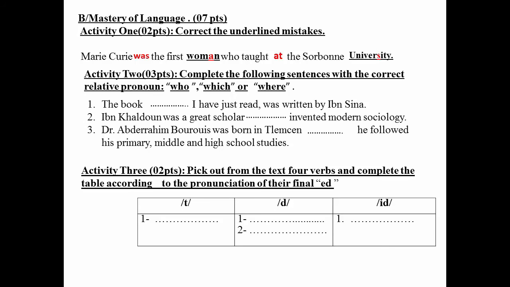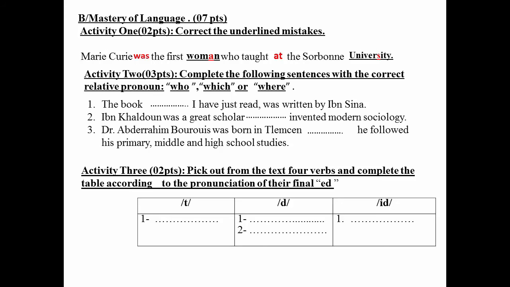Good. So now we'll move to activity 2. Three points. Complete the following sentences with the correct relative pronoun: who, which, or where. The first one, the book I have just read was written by Ibn Sina. And here we are talking about the book. So which relative pronoun fits correctly?